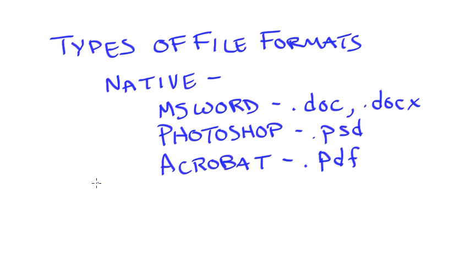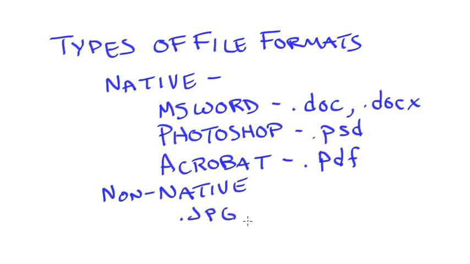For example, and I don't have a real good name for these, I'm simply going to call them the non-native file formats. These would be things like the JPEG, like the GIF, like the bitmap, and so on and so forth. Many applications will be able to save in those formats, but again, they are not specific to an application like the other ones are when I'm talking about native.